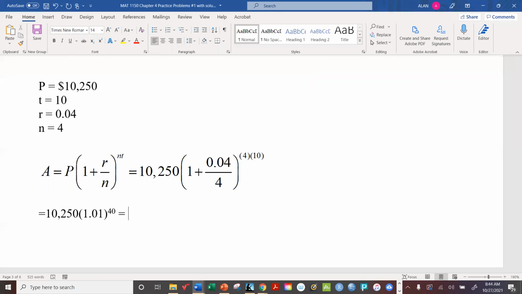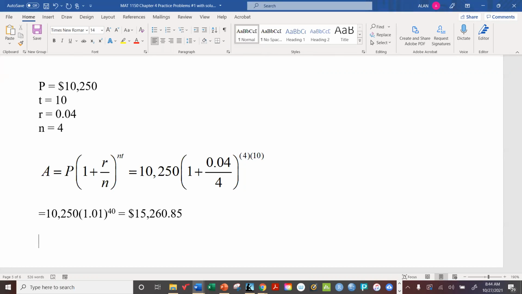So let's see, let's multiply this out in our calculator. And that works out to be $15,260.85.